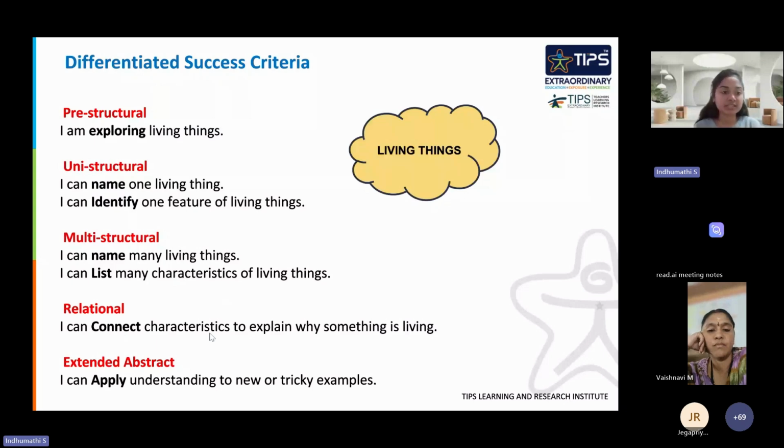So here we can see that at different levels of SOLO, we use those respective SOLO verbs: explore, name, identify, list, connect, apply. Okay, now why do we need this differentiated success criteria?